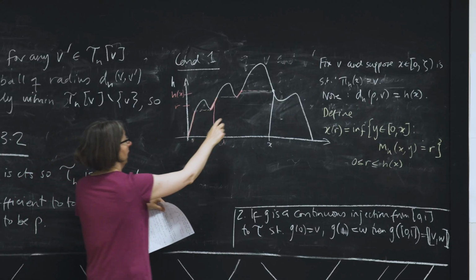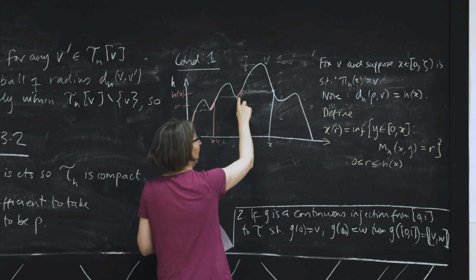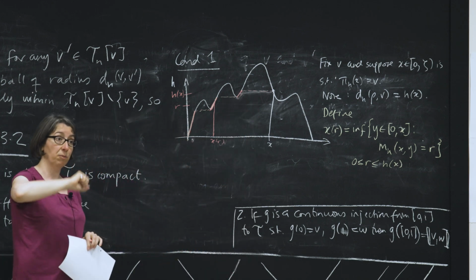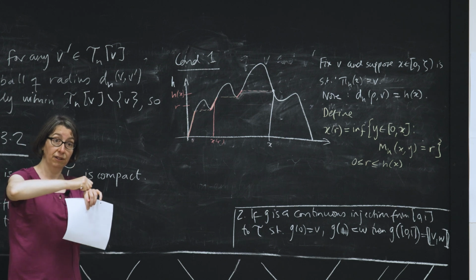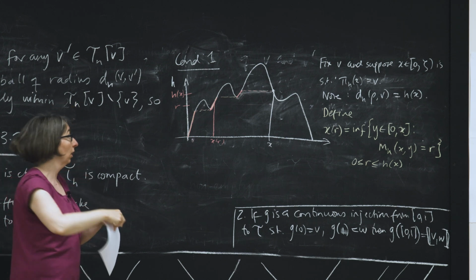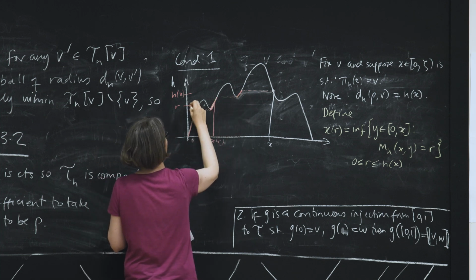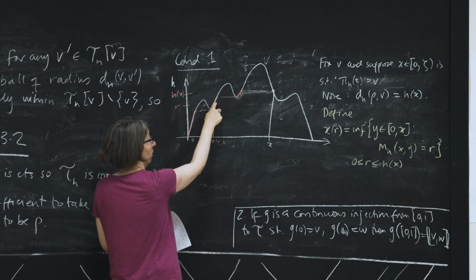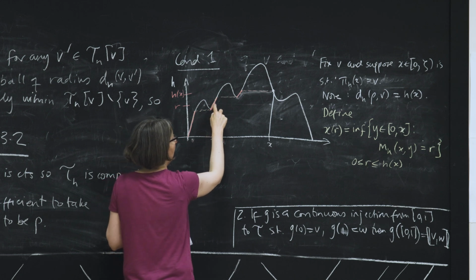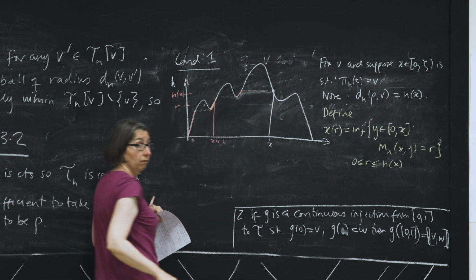So what I've drawn here is actually a representation of a collection of x's which are going to project onto being the ancestral line of the point V. So for every point down here, this point here is precisely at the distance r from the root, and it is the minimum of the function between it and x.